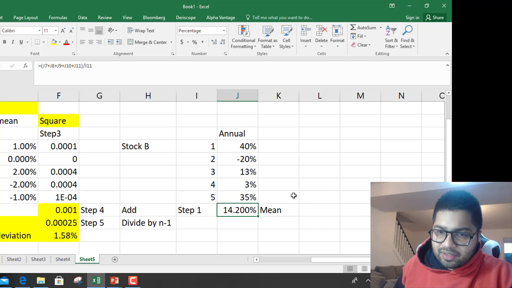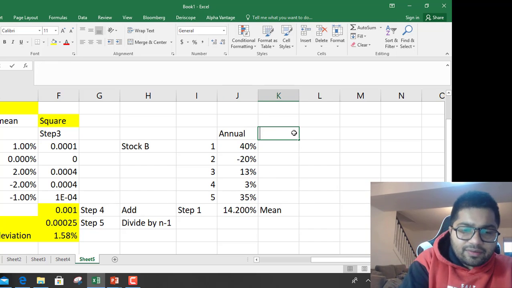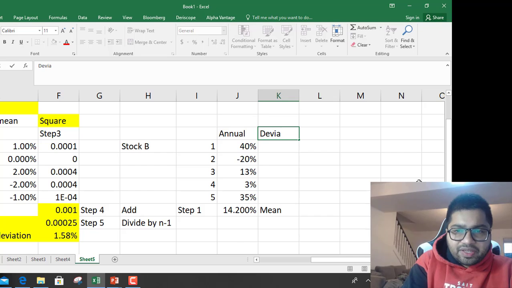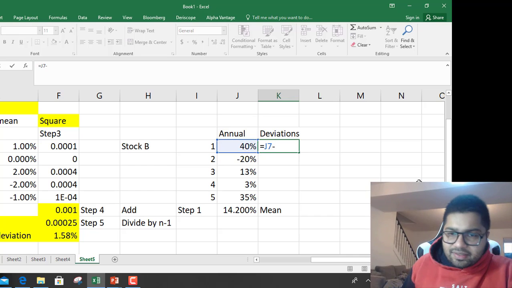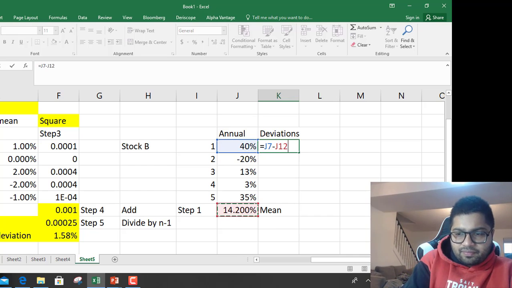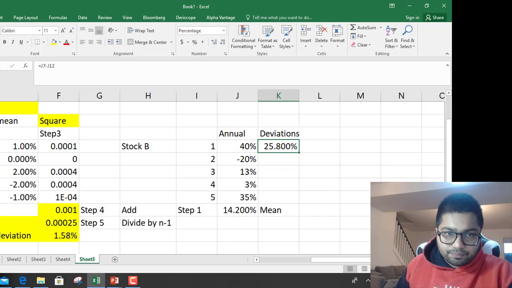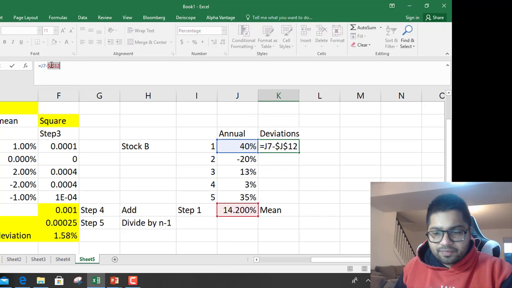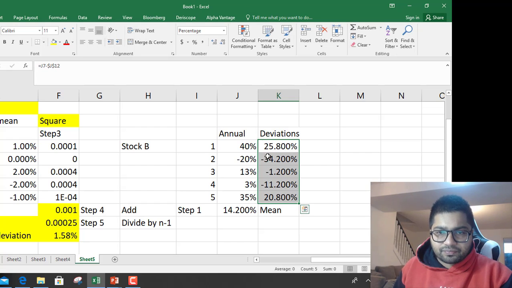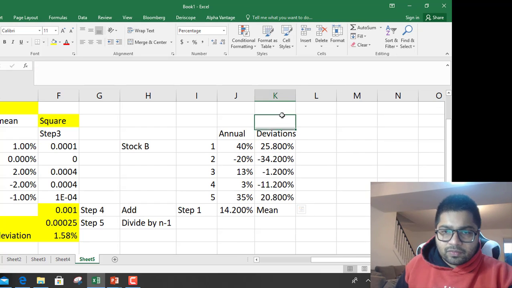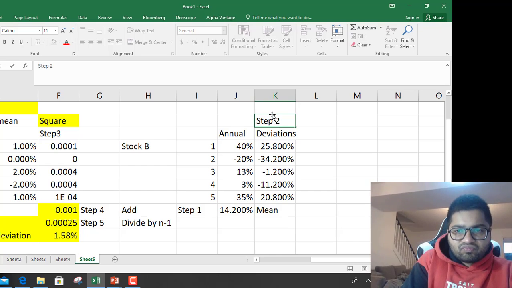Mean is much higher. Second, deviations. How to calculate deviations? Returns minus mean. I'll make the mean constant so that I can drag it. So this was step 2.